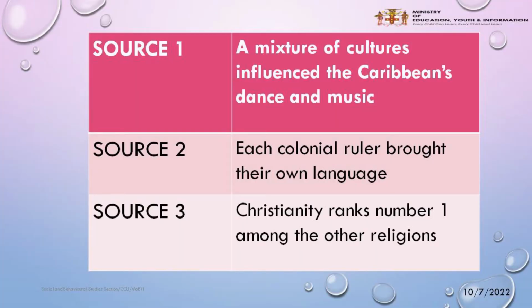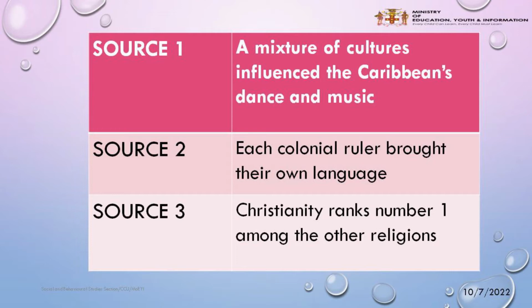Now, from source 1, what was the main or important point for you? You could write, a mixture of culture brought a mixture of music and dance, like salsa, calypso, and reggae. And from source 2, what could you write?